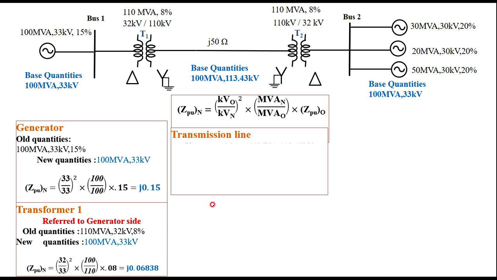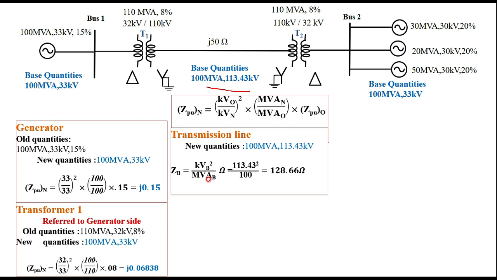For the transmission line, the new quantities are 100 MVA, 113.43 kilovolts, as given here. Therefore, the Z base value, that is KVB square by MVAB, is the standard equation you have derived already. KVB is 113 and MVAB for the transmission line is 100.